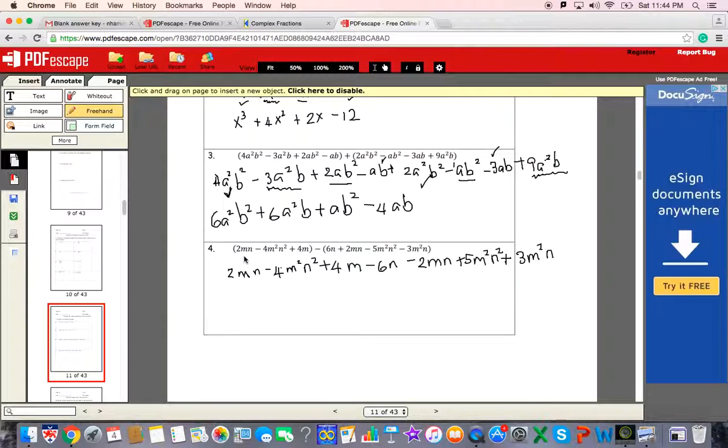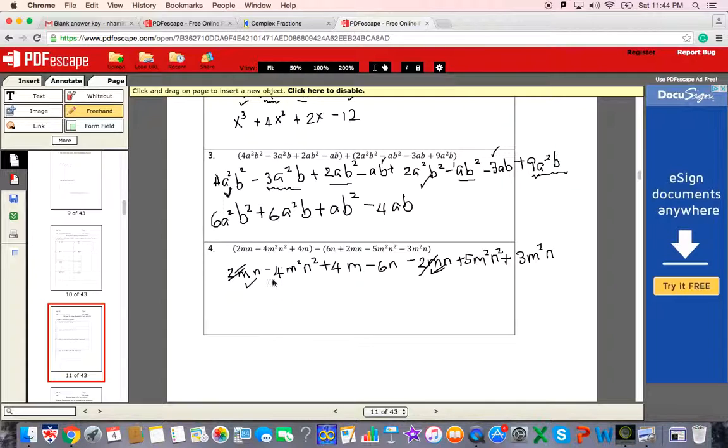All right, so as far as mn, we have that guy right here, and that guy right here, and 2mn minus 2mn actually is 0mn, so they cancel each other out, and so there's no need to write that. Feel like I wasted a check mark, but that's okay.